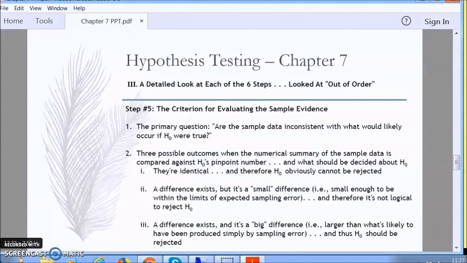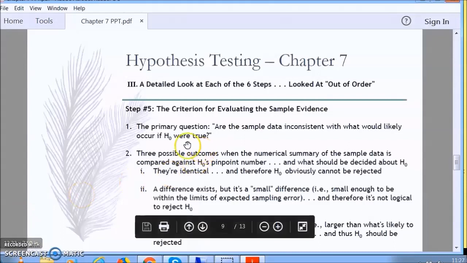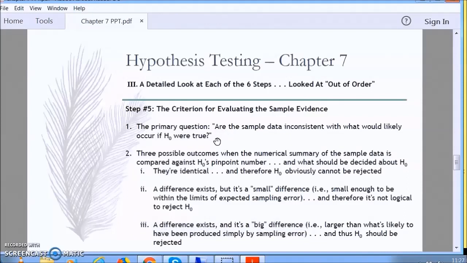The primary question is, are the sample data inconsistent with what would likely occur if the null hypothesis was true? If your answer is yes, that means you reject the null hypothesis. But if the answer is no, you fail to reject the null hypothesis, which is your step 6, the decision.